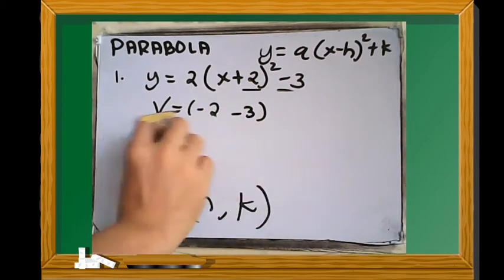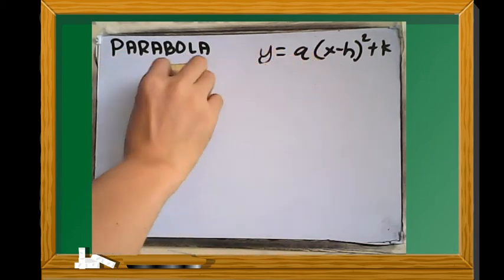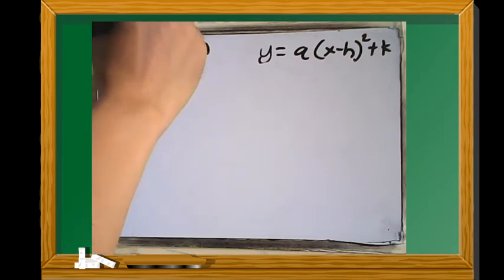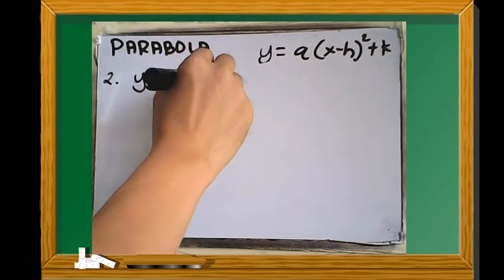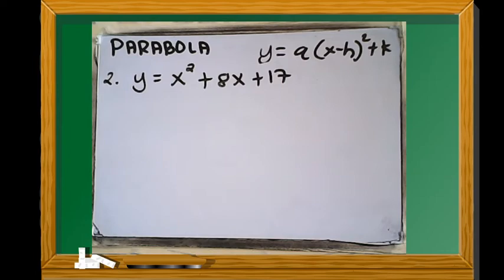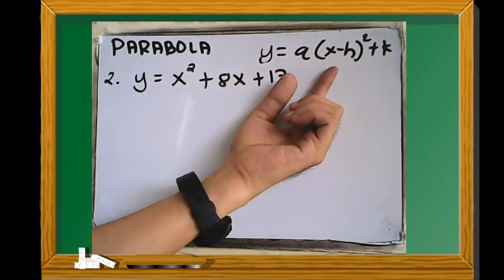Another example, y is equal to x squared plus 8x plus 17. So if you notice, this is not in standard form or the vertex form.